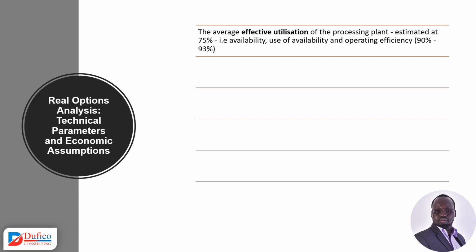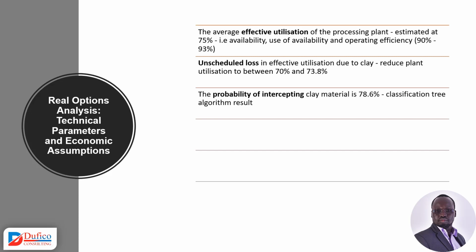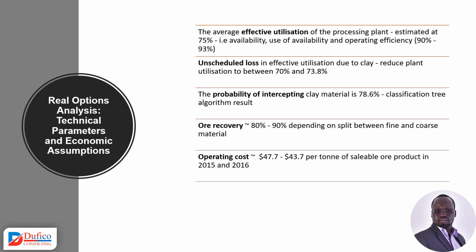So now we have built the model. How do we apply it to make decisions or create flexibility, such that managers can turn on and off a certain section of a mine? We look at effective utilization of the plant, and we realize effective utilization is 75%, with 90 to 93% availability, operating efficiency and schedule loss, and the probability of intercepting the clay material is 78.6%, which we calculated in the model.